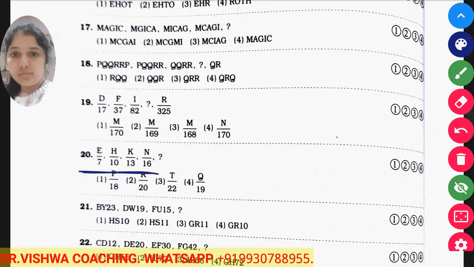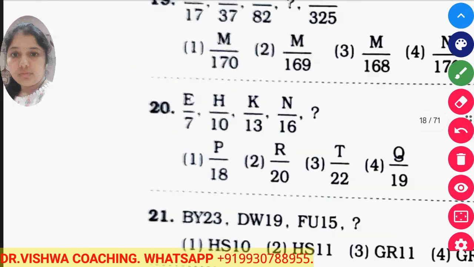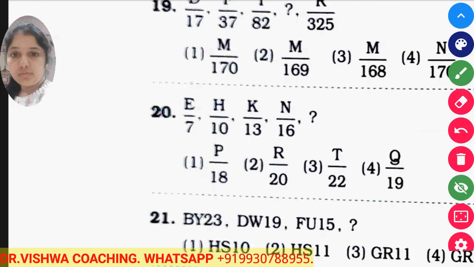Now the next one. So E, H, K, N, if there is any pattern in between these alphabets which are there at the numerator, you first check. So first give numbering to the alphabet. E is at 5th position, H is at 8th position, K is at 11th position, and N is at 14th position.